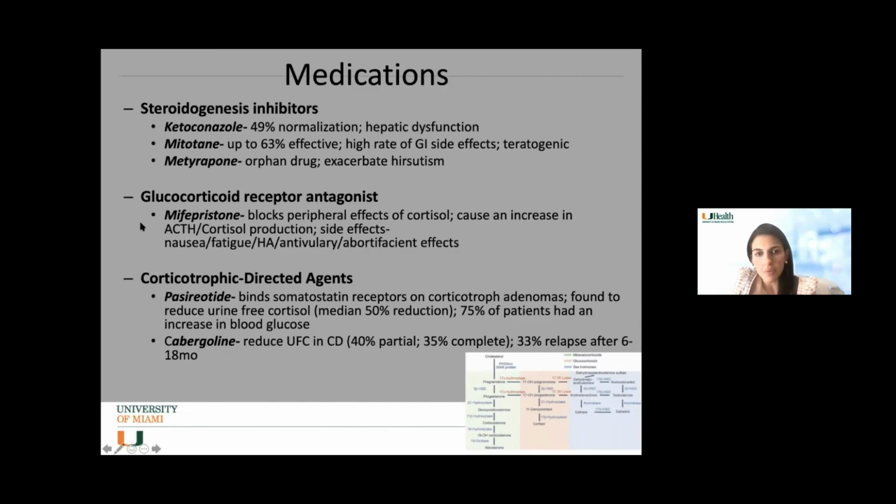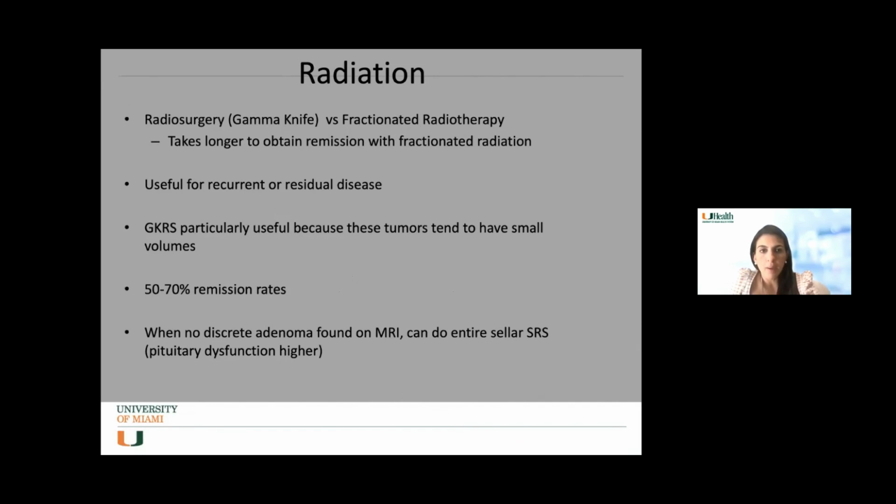You don't have to know all of these, but if you're doing a lot of these cases, it's important that you have an awareness of where these medications act and some of their side effects, because you have to work with the endocrinologist pretty closely to determine whether or not the drug is sufficient, whether it's working, or whether you have another option.